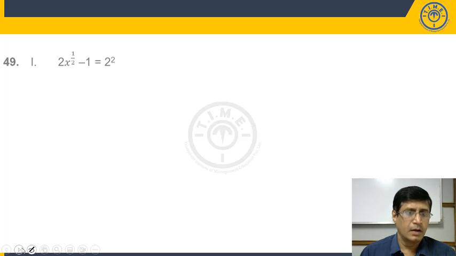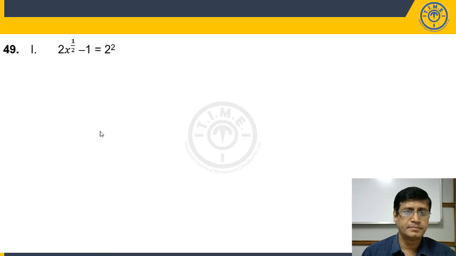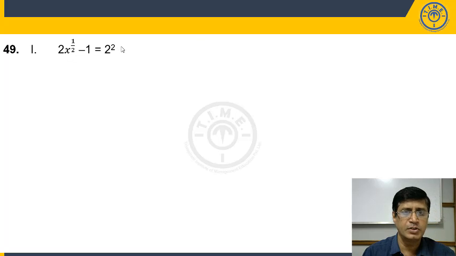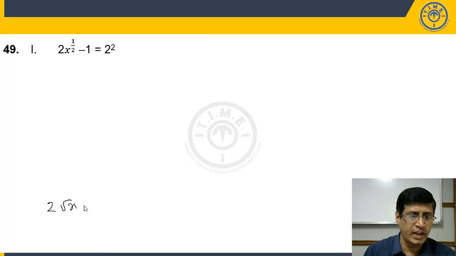Okay. Now look at the next example. 2x to the 1 by 2. So the 1 by 2 belongs to only x. So what is the result here? 2 square means 4. So we can write this as 2 root x minus 1 is equal to 4. Then what is the result?